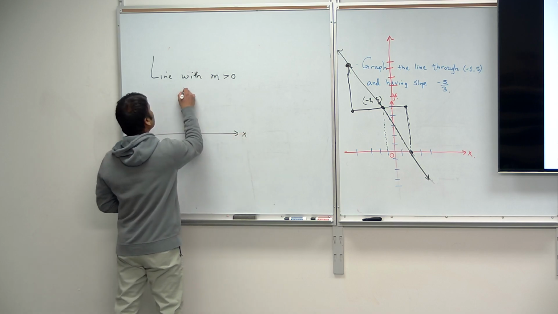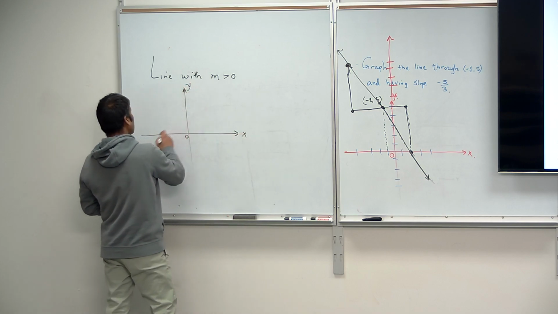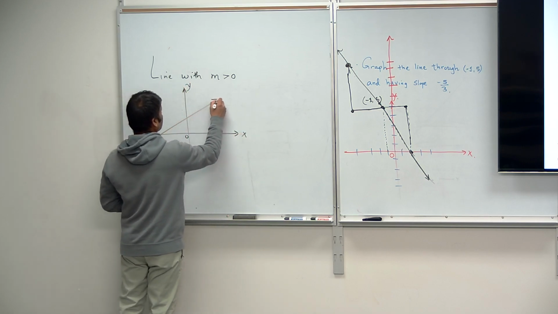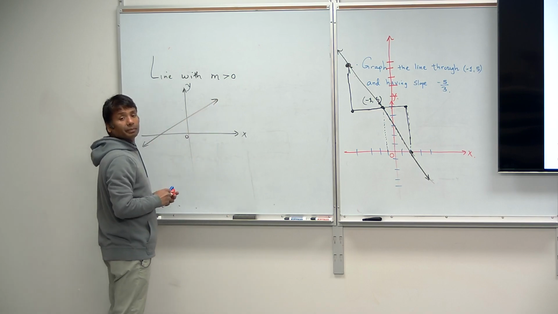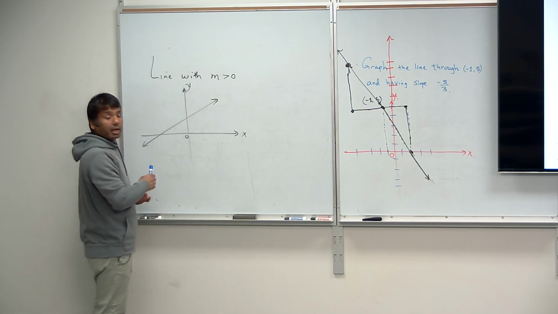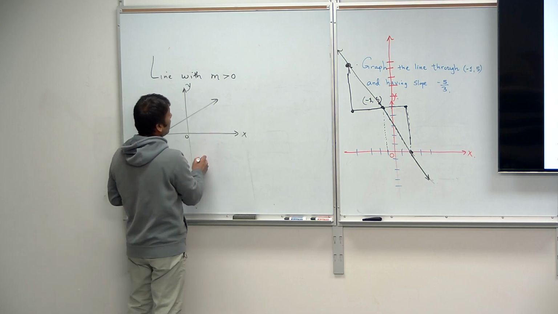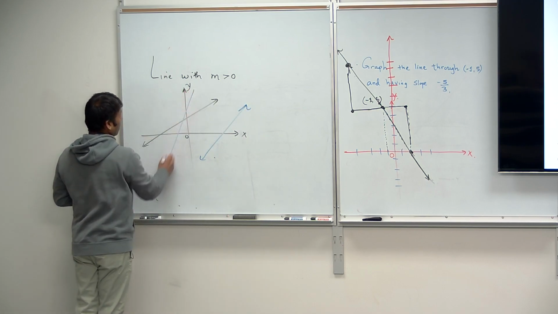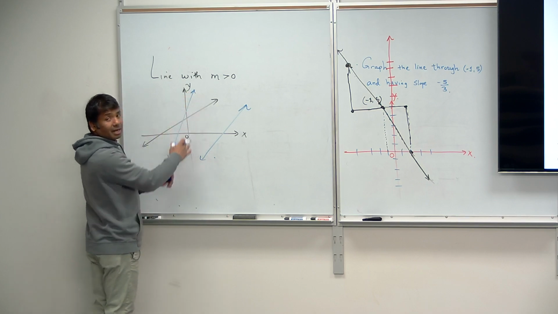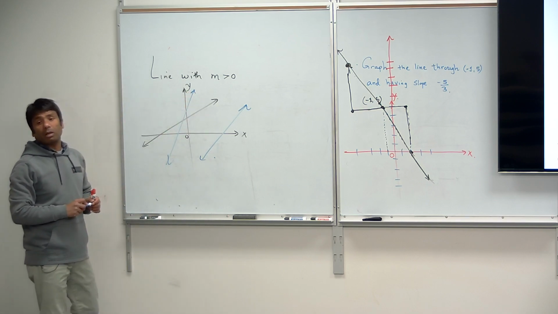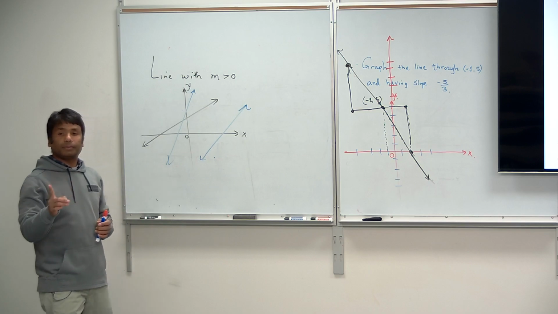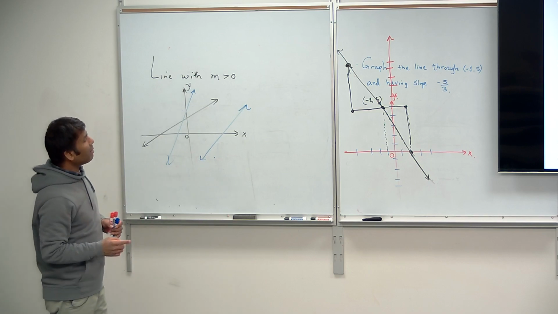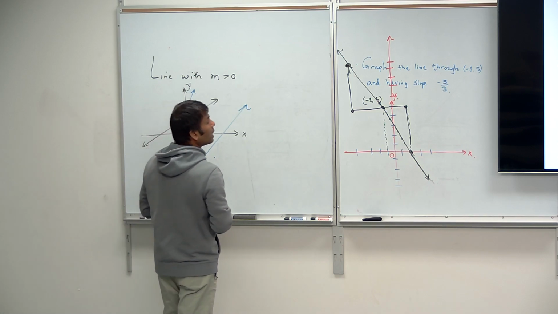You have x, y, this is your origin, and it rises from left to right like this. You see the line rises from left to right, or you have something like this. Are you guys with me? Or you will have something like this. All these lines have positive slope. Make sense? If you have a line with a negative slope, it falls.